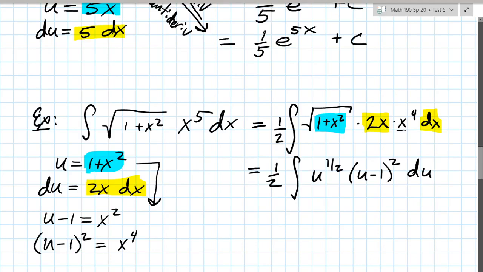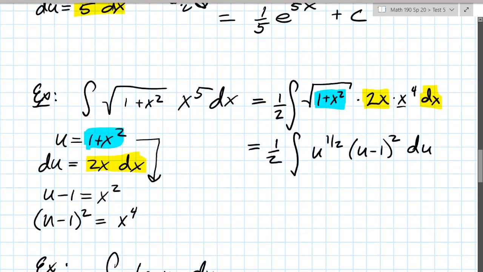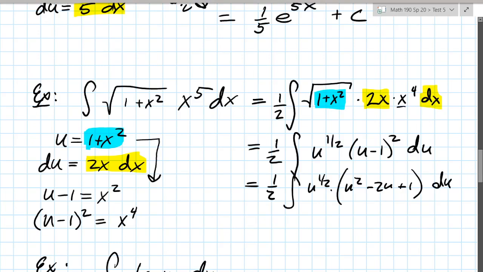I can FOIL out u minus 1 squared, distribute the u to the 1/2, and then do a power rule. So that's what I'm going to do. 1/2 the integral of u to the 1/2 times u squared minus 2u plus 1 du.